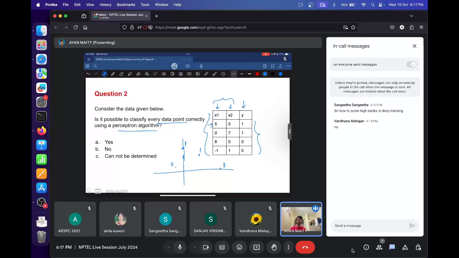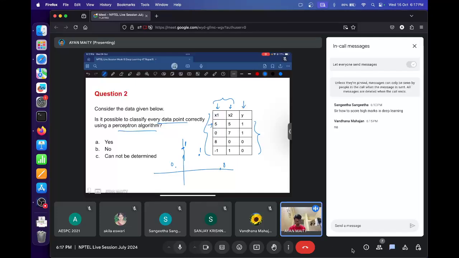Now the perceptron learning algorithm is a linear discriminant algorithm. Basically it creates a linear decision boundary. So if the points are linearly separable, then the perceptron learning algorithm can certainly classify all the data points correctly.